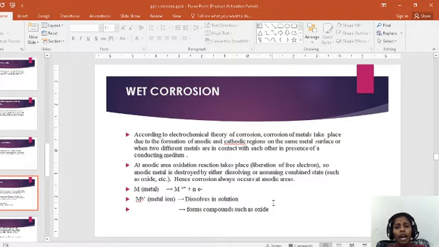That means the anodic metal undergoes corrosion. An example of oxidation is the metal losing n electrons to produce M^n+, which is the metal ion. This metal ion dissolves in the solution and forms compounds such as oxides, forming an oxide layer.